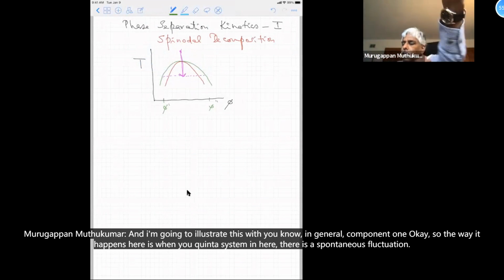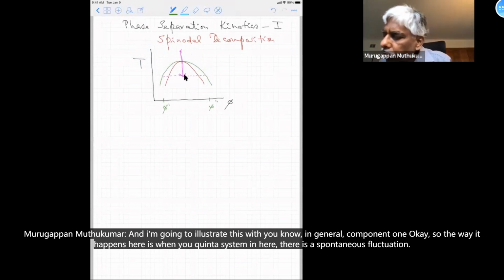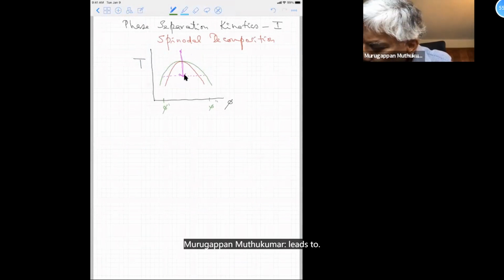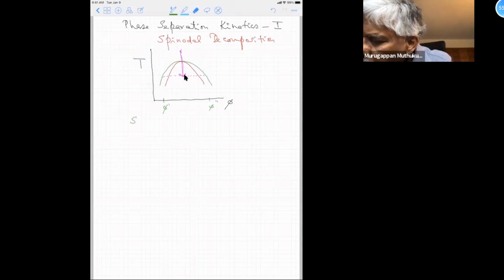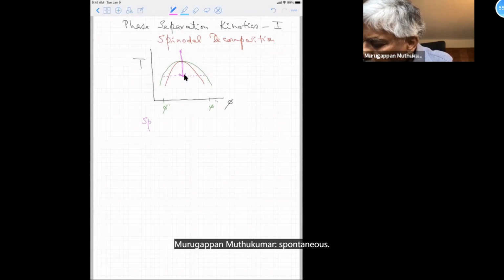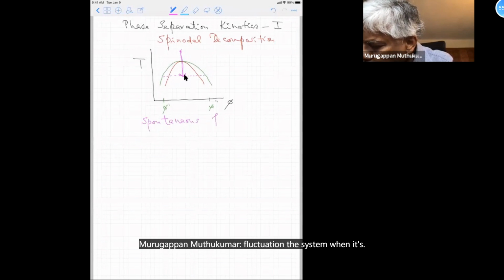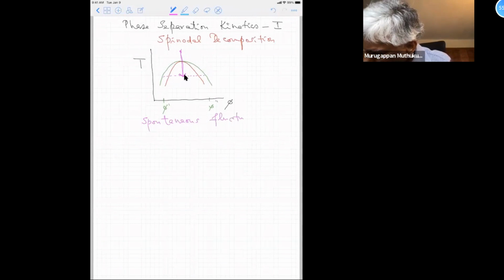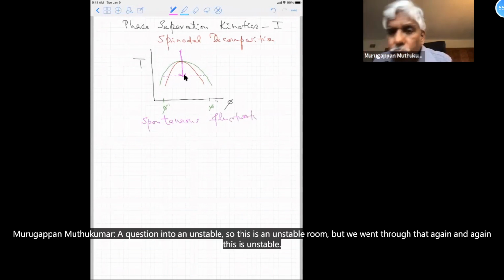Okay. So the way it happens is, when you quench the system in here, there is a spontaneous fluctuation. The system, when it's quenched into an unstable region, remember, we went through this again and again, this is unstable.